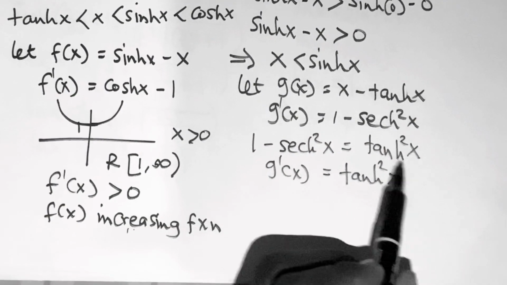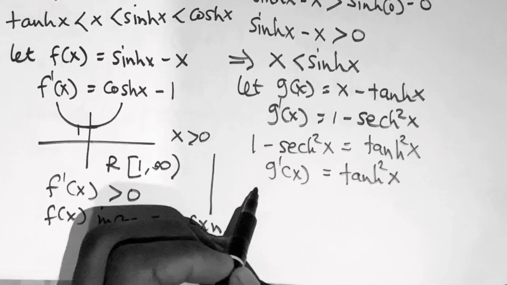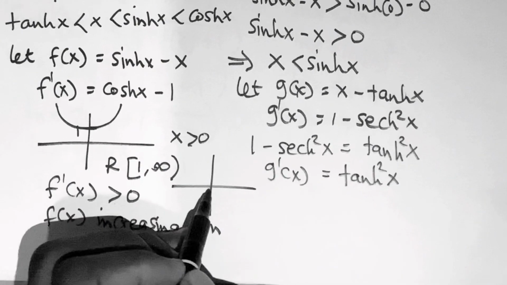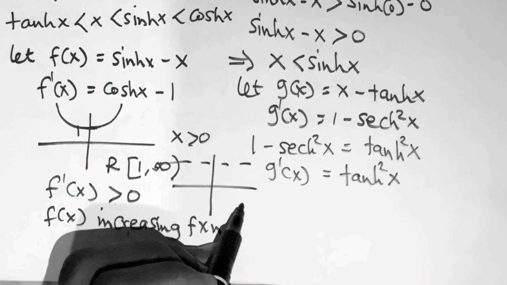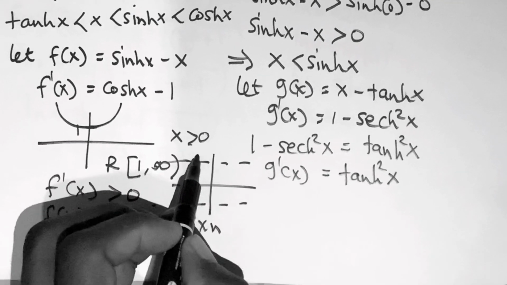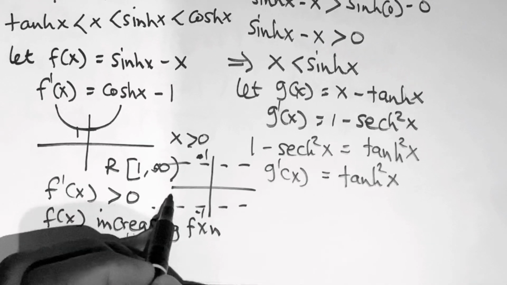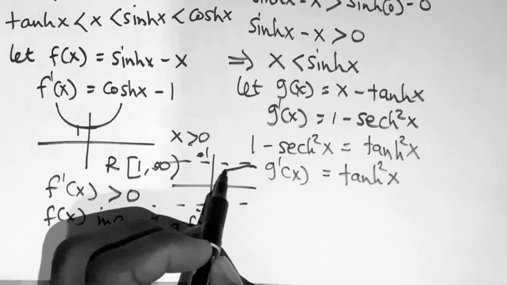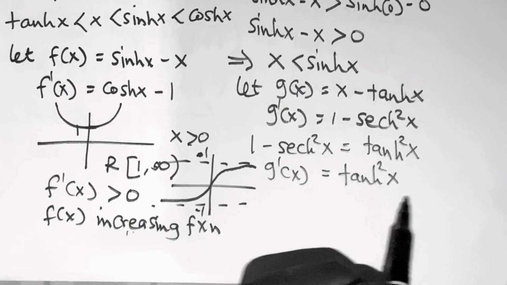Now, hyperbolic tan squared x, if you remember the graph, it is a function which is always increasing. This is how the graph looks. There are horizontal asymptotes 1 and then -1, and then the graph looks like this. So this is how the graph of tan x looks like.